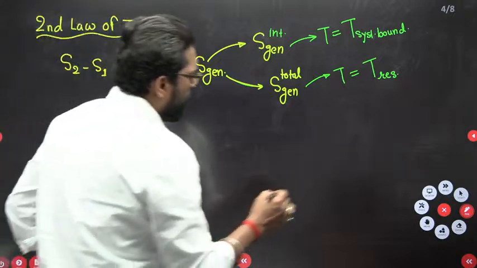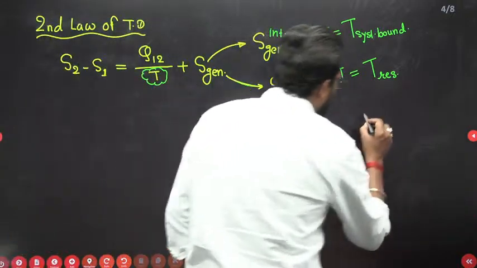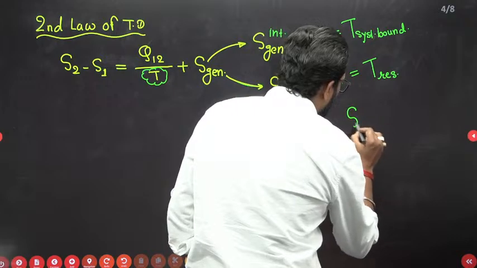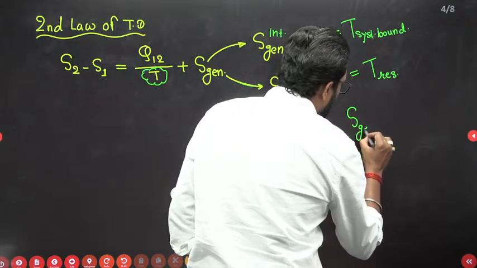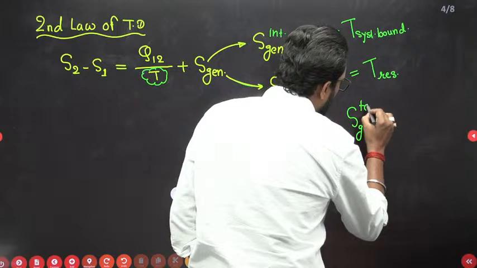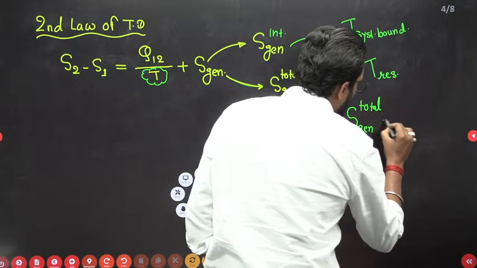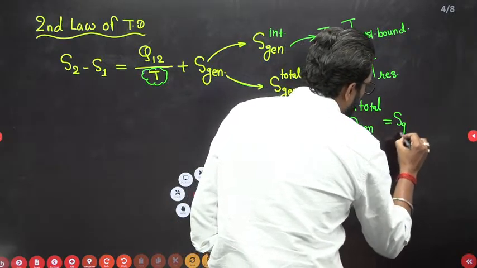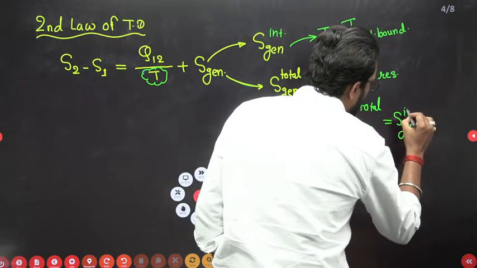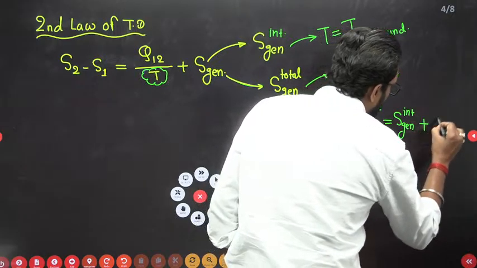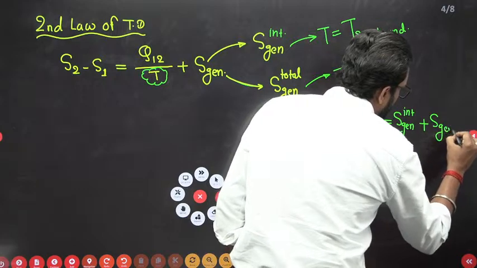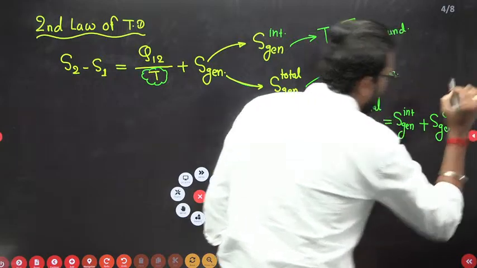Okay. Now, you know that entropy generation total is equal to S generation internally plus S generation externally. Clear?